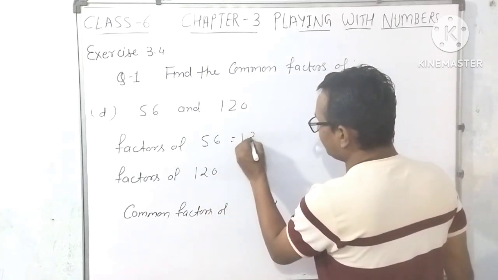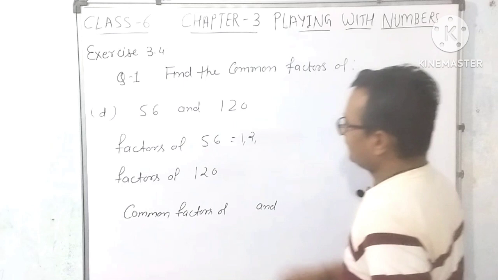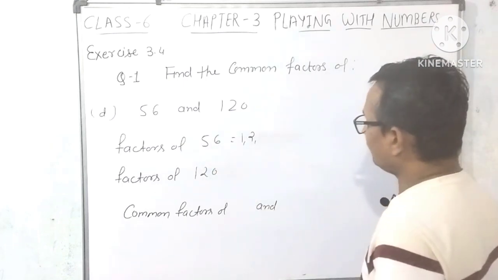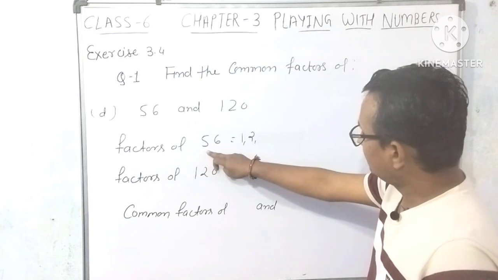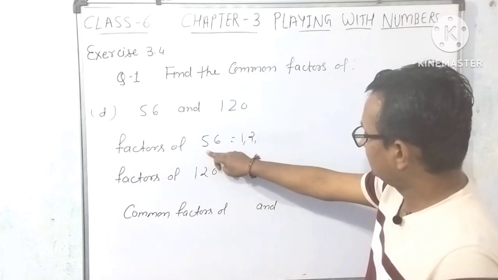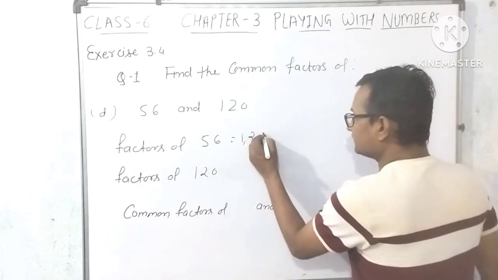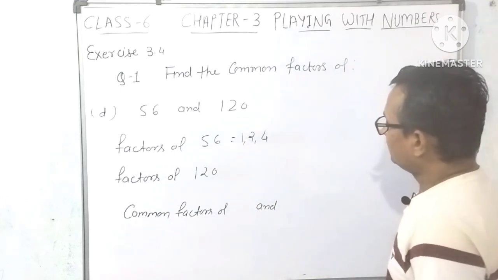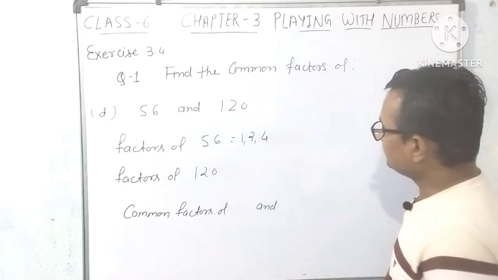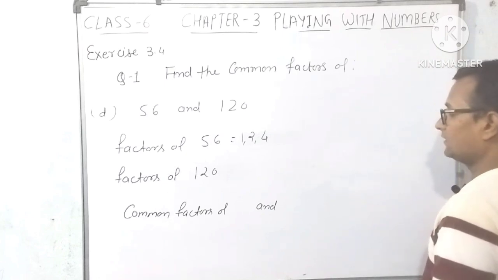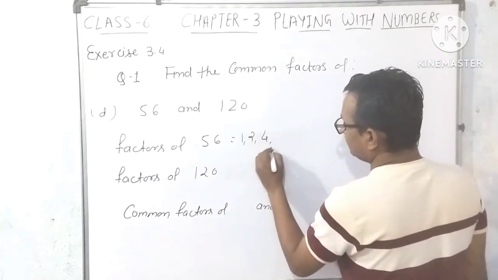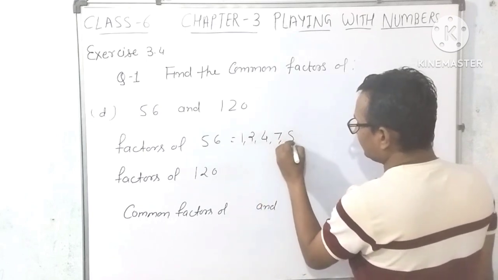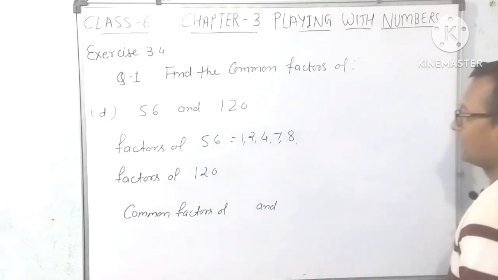So we can say 2 is a factor of 56. 3, not possible. 4, 4 is a factor of 56. 5, not possible. 6, not possible. 7 eights are 56, so 7 is a factor and 8 is also a factor.